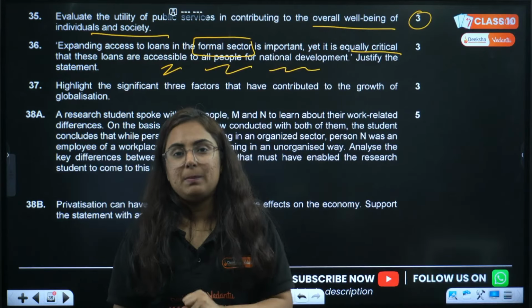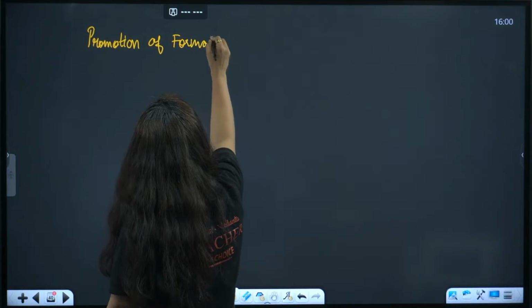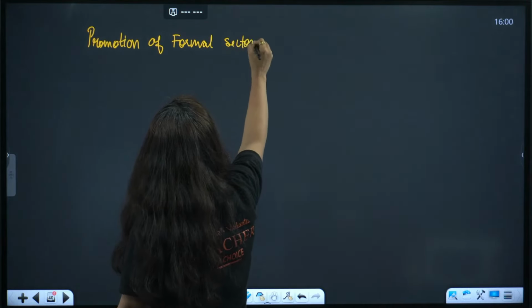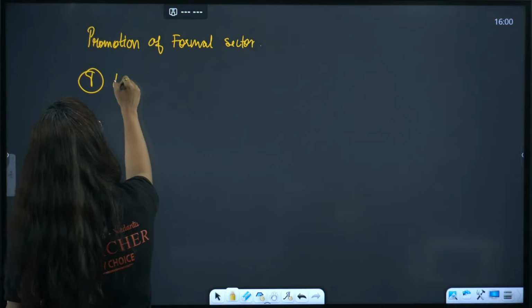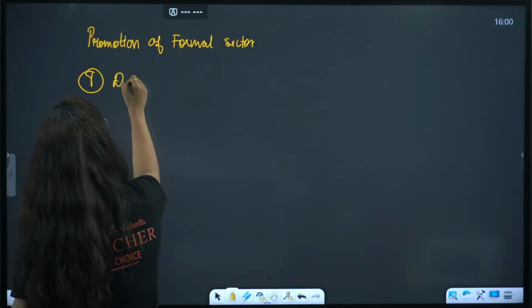So yes, my dear students, promotion of formal sector is very much important in the society because it will help the people to come out of the debt trap. It will increase the banks and cooperatives and their roles.